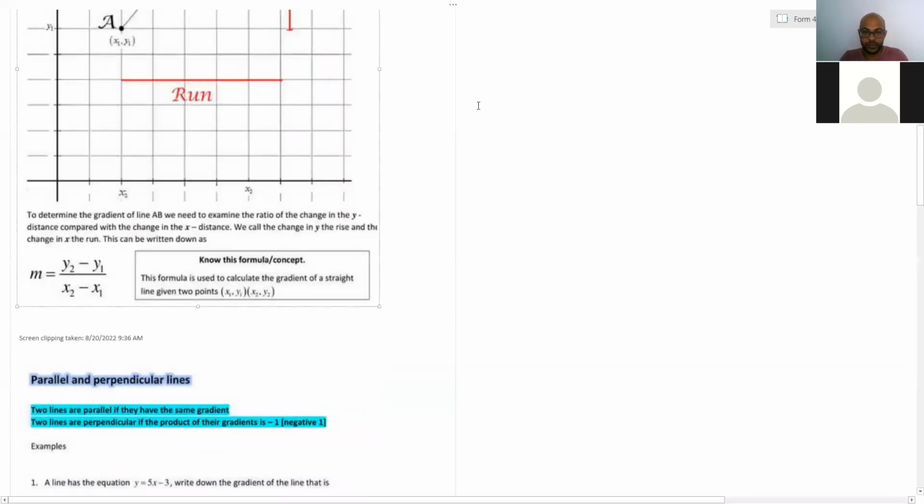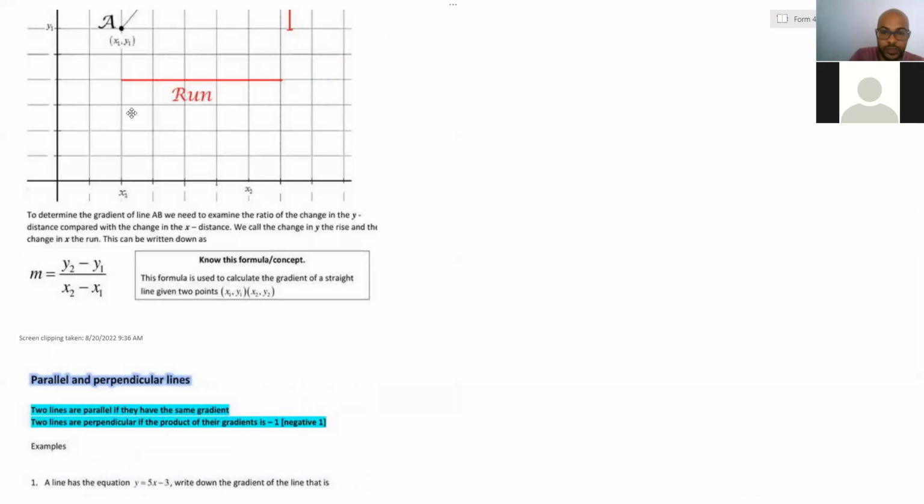I'm going to put it on the side here. Let's get 2 points. I'm just going to randomly label 2 points here. Let's say A is (-5, 6). Let's say B is (3, 8).